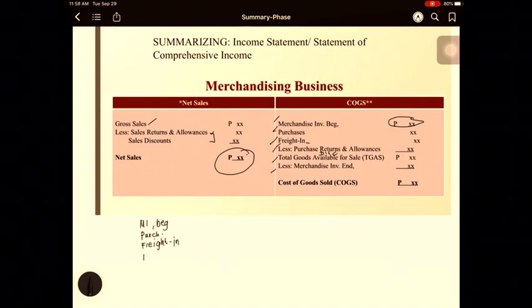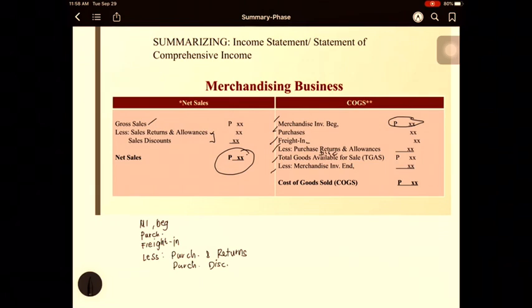Now, if there are any purchase returns and allowances, we have to deduct it. And of course, if we were given discounts on the inventories that we purchased, we also have to deduct it from the amount of our merchandise inventory.